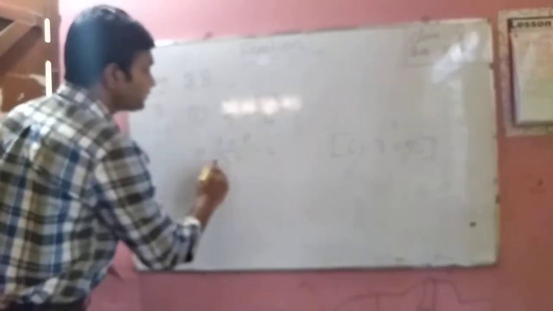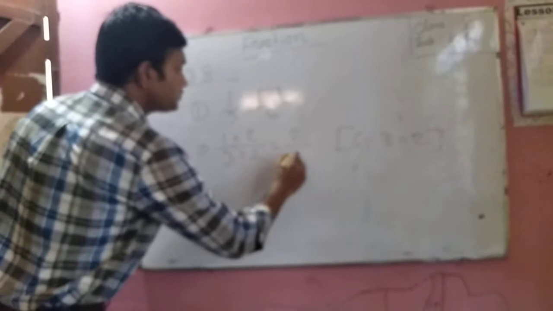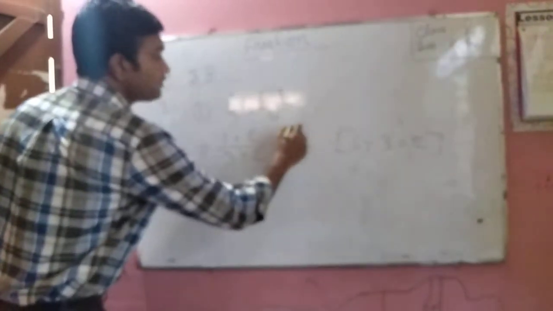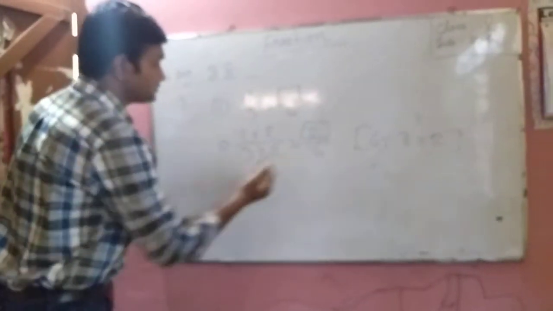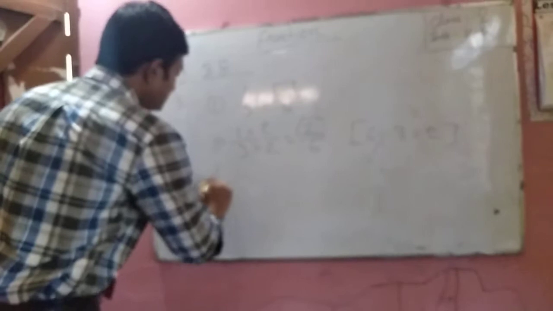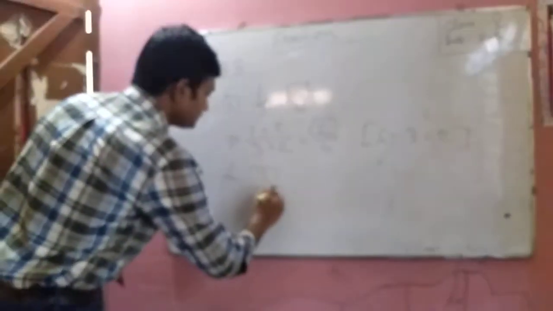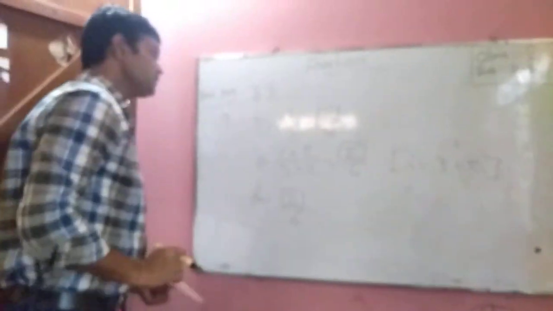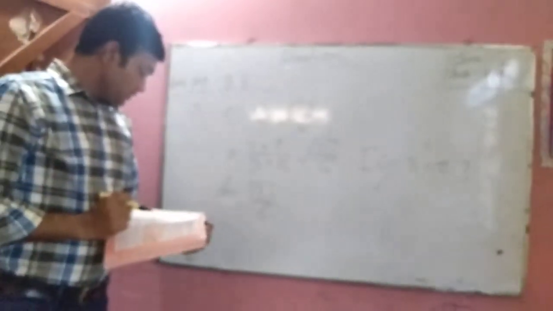So you have to multiply 1 into 2, 3 into 2. 2 ones are 2, 3 twos are 6, so you find the missing number. Have you found the missing number? 2. So it's easy, right? Answer: 2 by 6. Thus this way you will solve the other problems also.